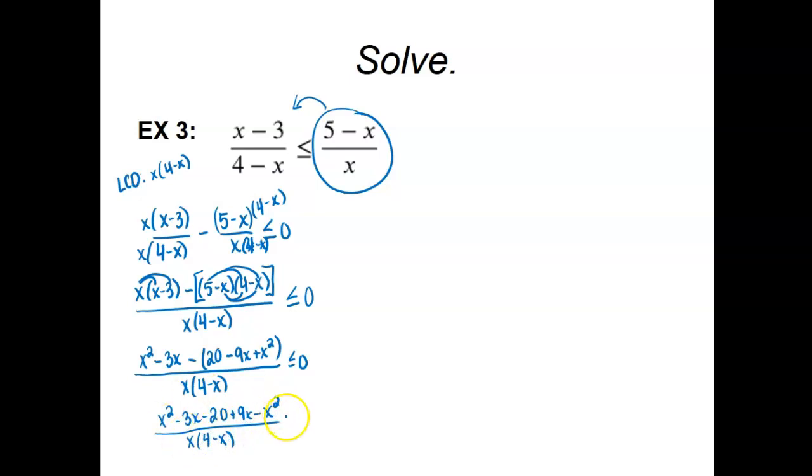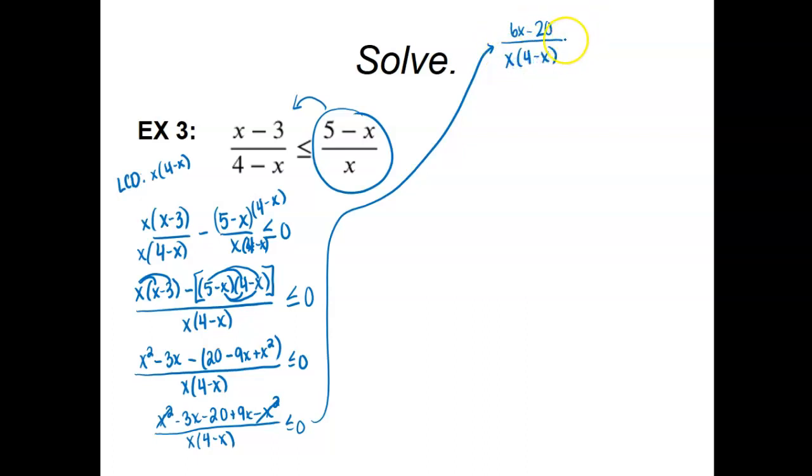And so we're going to simplify that numerator so the x squareds are going to cancel, and we're going to get 6x minus 20 in that numerator over x times (4 minus x), and this is less than or equal to 0. If you want, you could factor out a 3 out of that numerator. It really doesn't matter. It's up to you. I'm just going to leave it like it is.